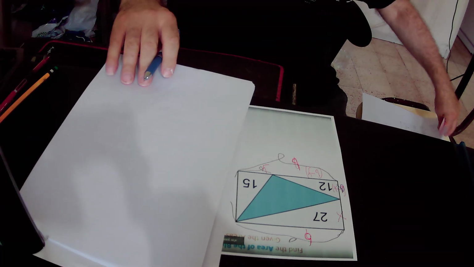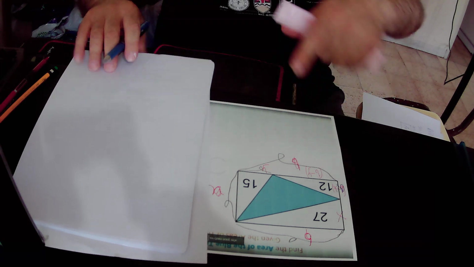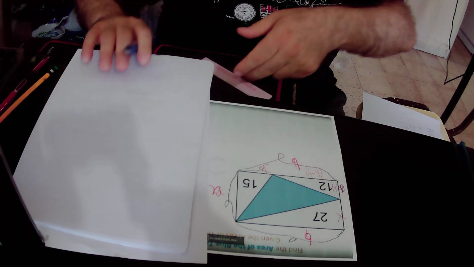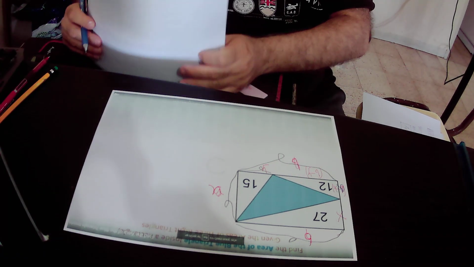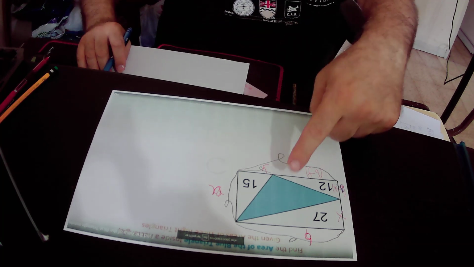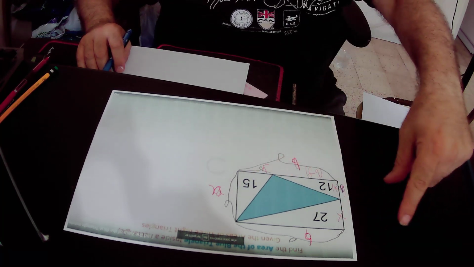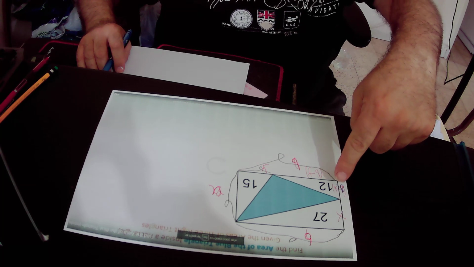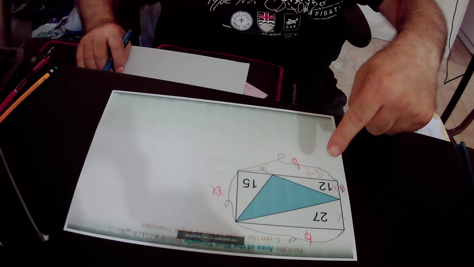We actually wanted to find the area of this blue triangle, and as I have already told you, the area of the blue triangle equals the area of the rectangle minus the areas of the three right triangles.